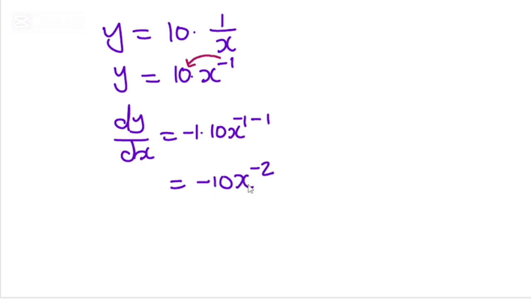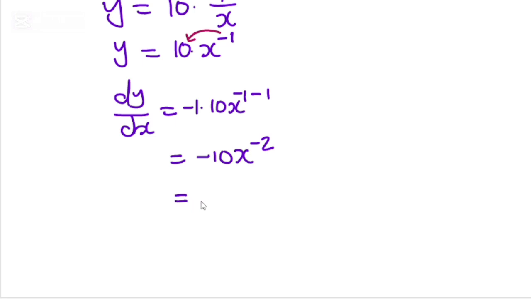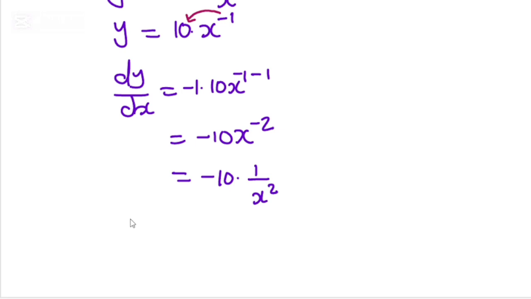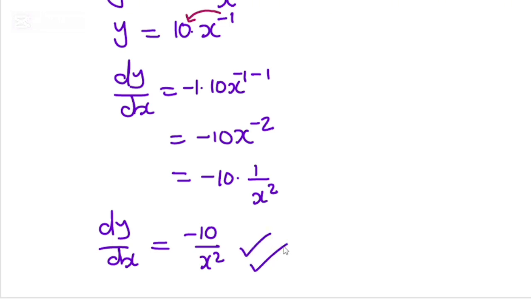Taking the x to the power negative 2 back to a fraction, we have negative 10 times, from the previous example, 1 over x squared. We now conclude and say dy over dx is equal to negative 10 times 1, which is negative 10, over x squared. This is the derivative of the function.